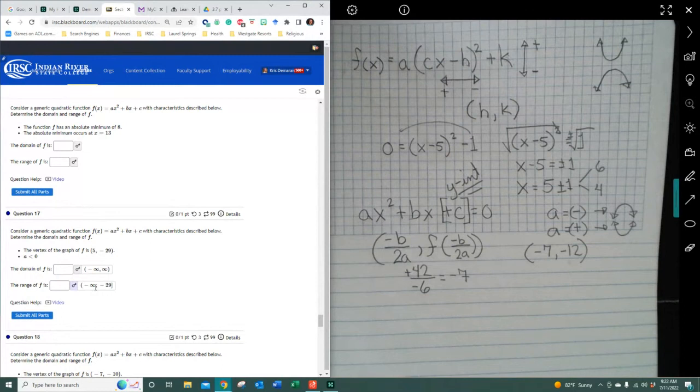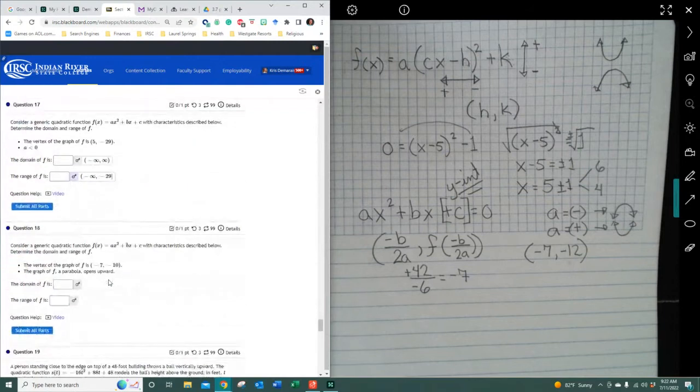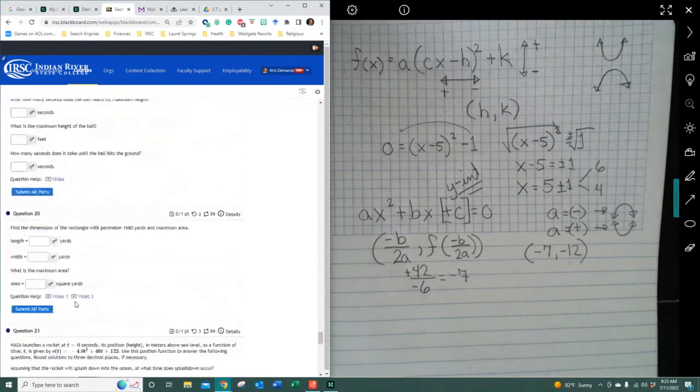And so you come in from negative infinity all the way up to wherever the Y value is, all right? And so the graph of F, the parabola opens upward. So we're looking at a minimum here. So then it's still going to be negative infinity, positive infinity. The range is going to go from negative 10 to positive infinity. Pretty easy to do these. All right.